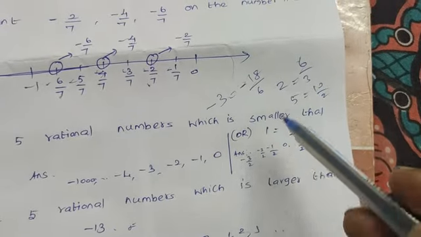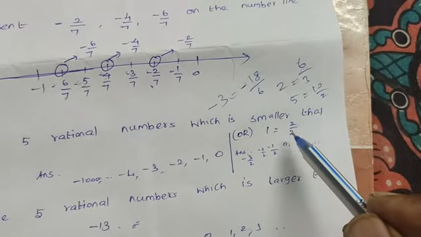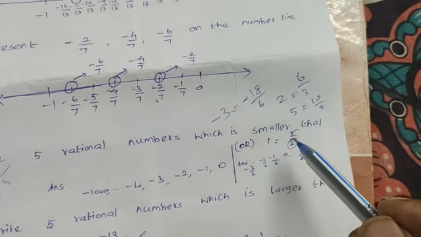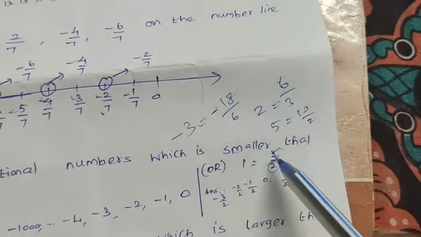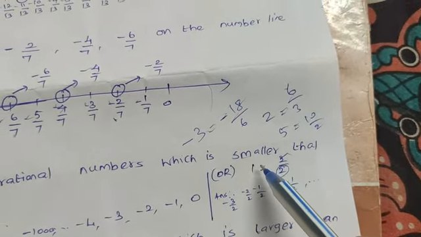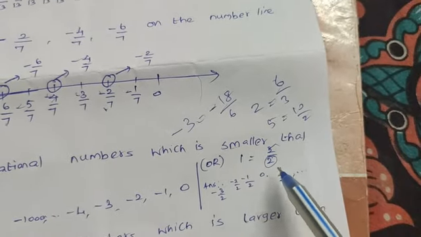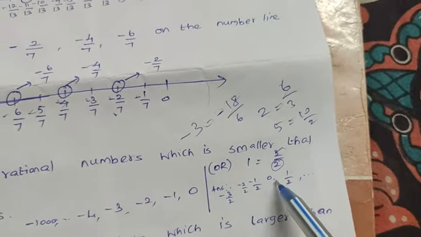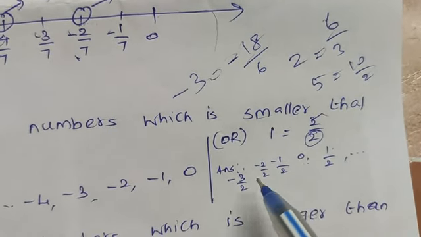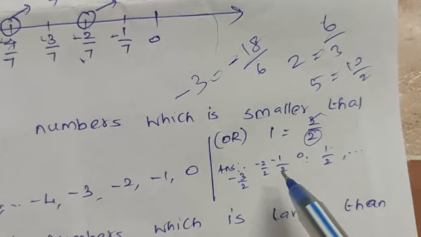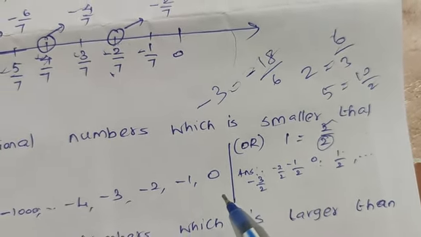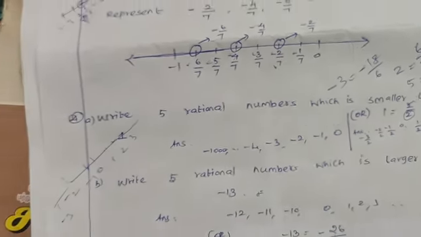After that you can check -2 by 2, so leave the denominator, just go by the numerator. For smaller numbers, you can write 0, -1, -2, -3, that is 1 by 2 less than 2, 1 by 2, 0 by 2, that is 0, -1 by 2, -2 by 2, -3 by 2. I do not touch the denominator, I touch the numerator: -1, -2, -3, -4, -5 and so on. Right.